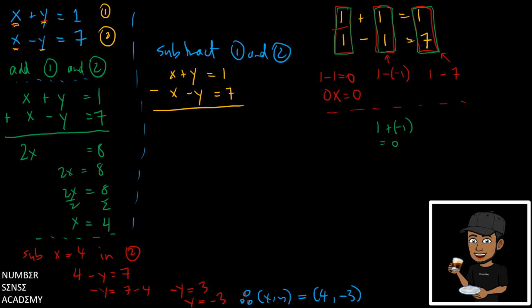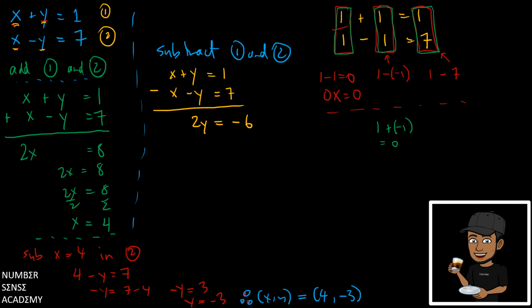And I'm putting that minus sign to remind me that I'm subtracting, right? So I have x minus x, these cancel out, and then I have y minus y. So y minus y, there's two negatives there, so it becomes plus 2y, so I get 2y equals, remember it's minus, right? So 1 minus 7 is minus 6.